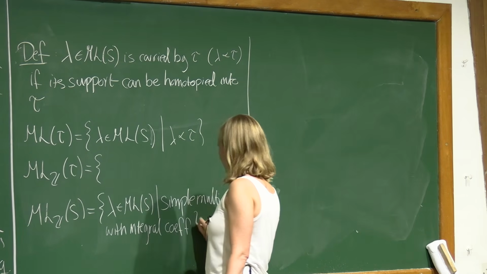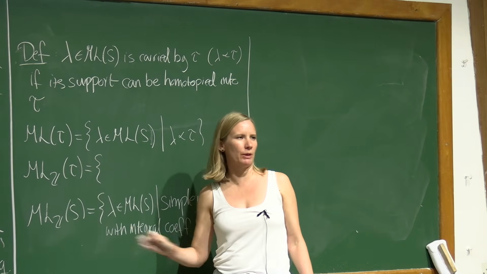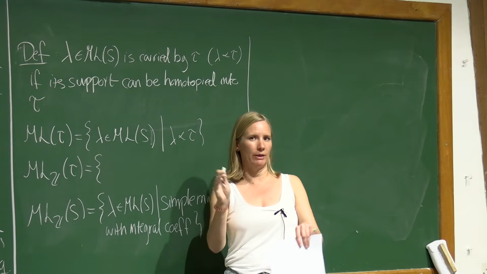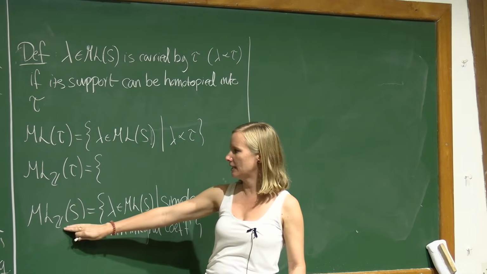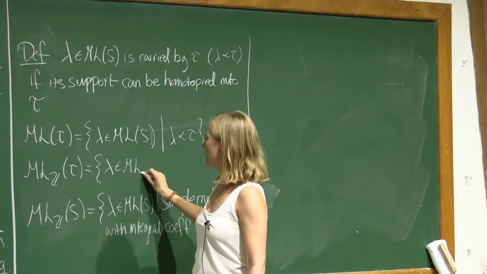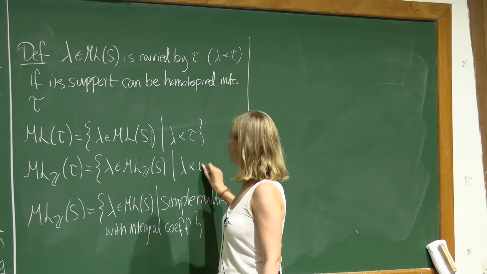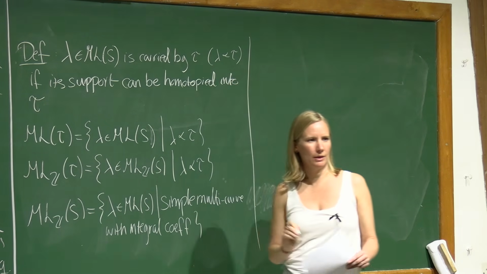So remember we said an example of ML are simple multicurves. If we also restrict to simple multicurves that all the weights are integers, that's ML Z. So ML Z of tau is going to be those integral simple multicurves that are carried by our train track. Okay, so this notation.